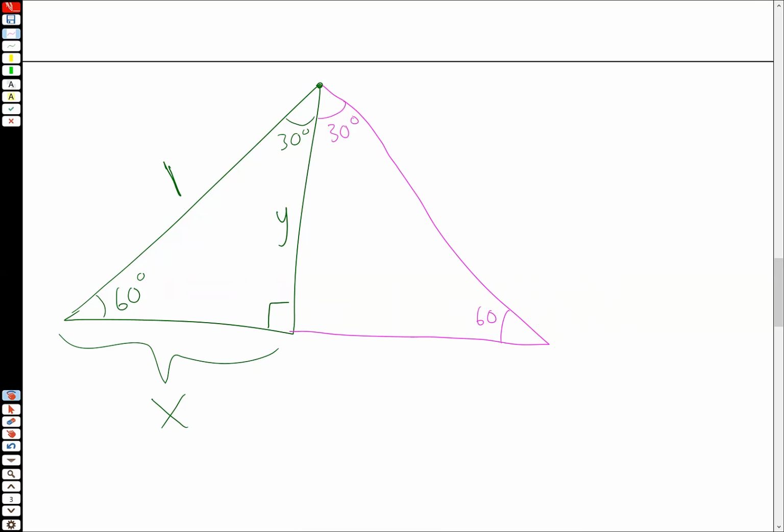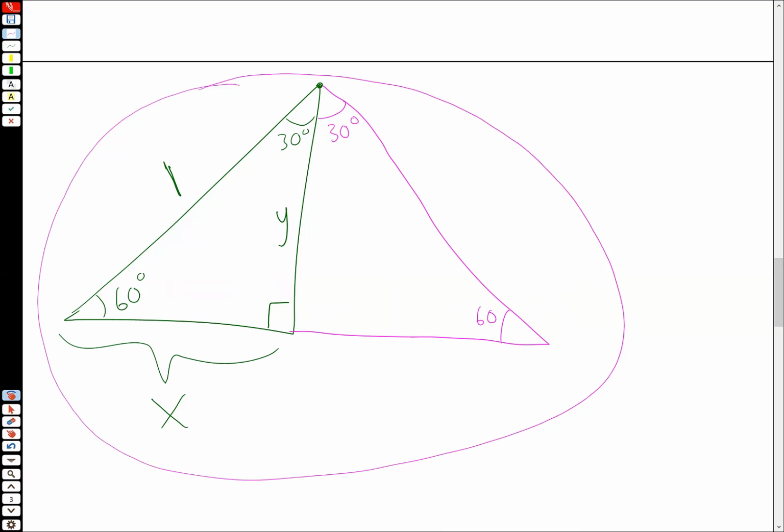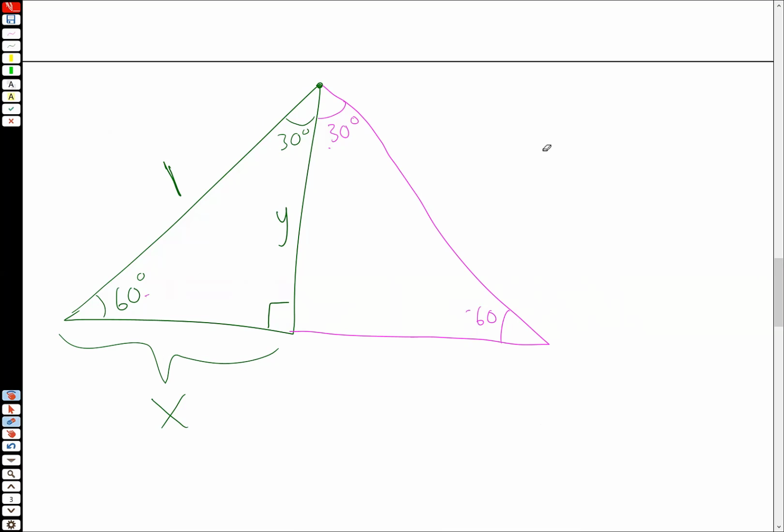Now the reason why we're doing that, notice what kind of triangle does this become? Okay, we have 60, 60, 60. That's an equilateral triangle. And what's nice about equilateral triangles is that all sides have to be the same. In particular, let me complete the picture here.